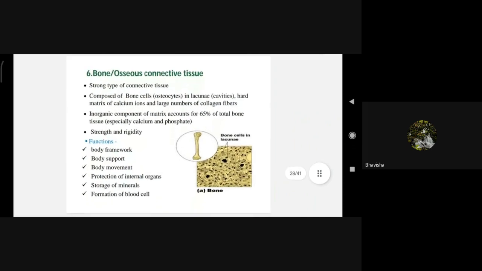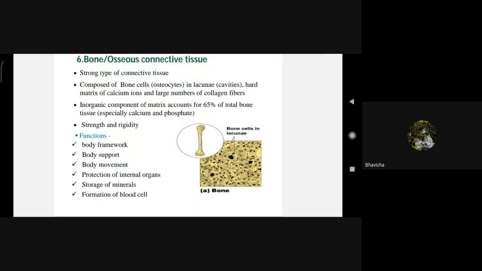Now, bone connective tissue. Bone is a strong type of connective tissue composed of bone cells, or osteocytes. Bone cells are known as osteocytes. Don't be confused about all these terms. Please listen carefully and read, and you will get it very easily.